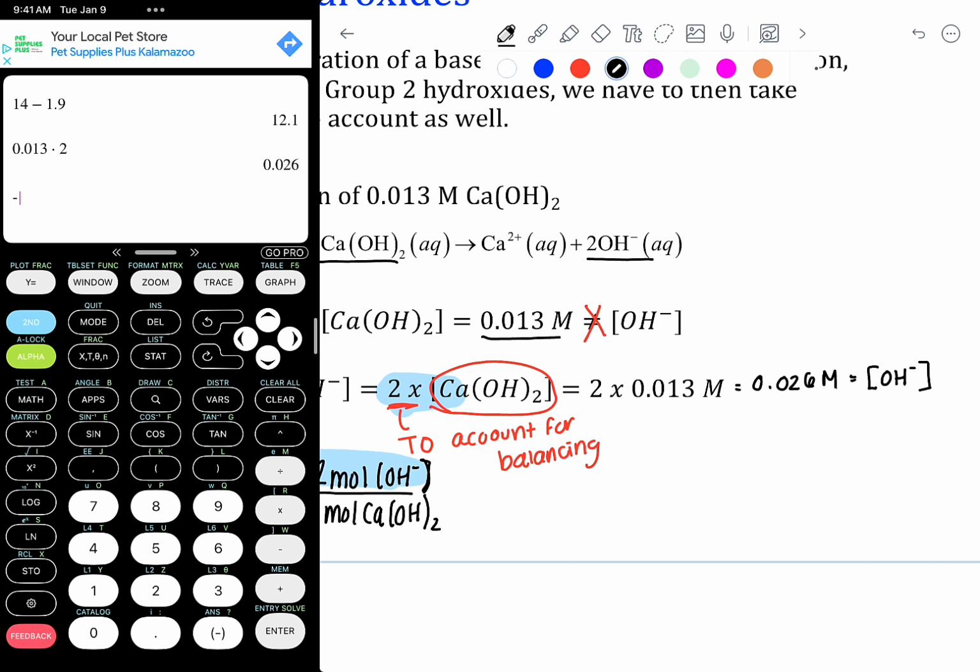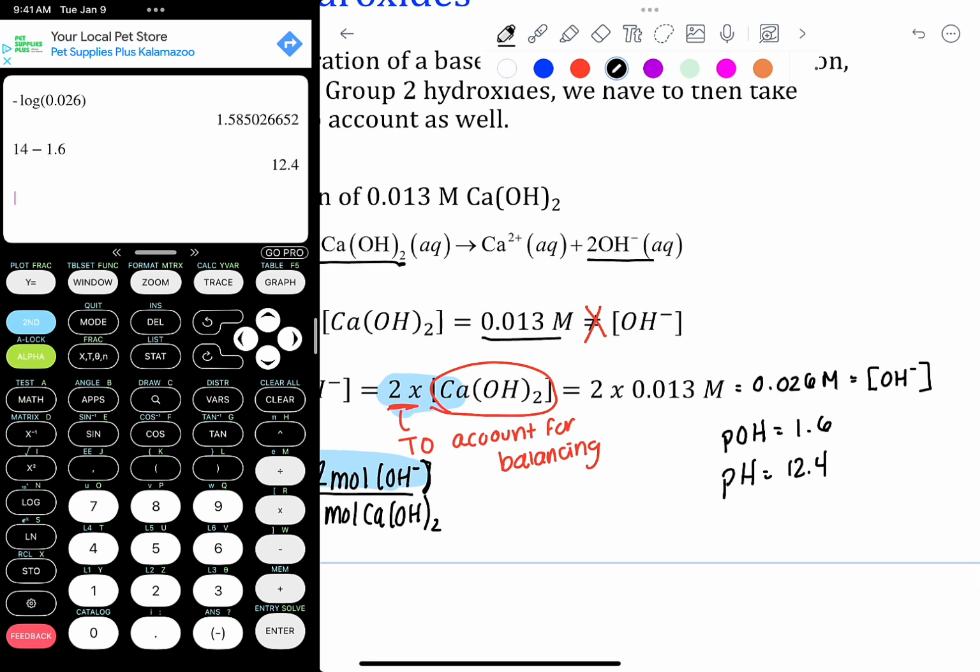So we'll do negative log of 0.026, and we get that our pOH is equal to 1.6, and then we can do 14 minus 1.6 to get that the pH is equal to 12.4. So we have one extra step that we have to do when we're looking at group 2 hydroxides, whenever you see an OH parenthesis 2 as a strong base.